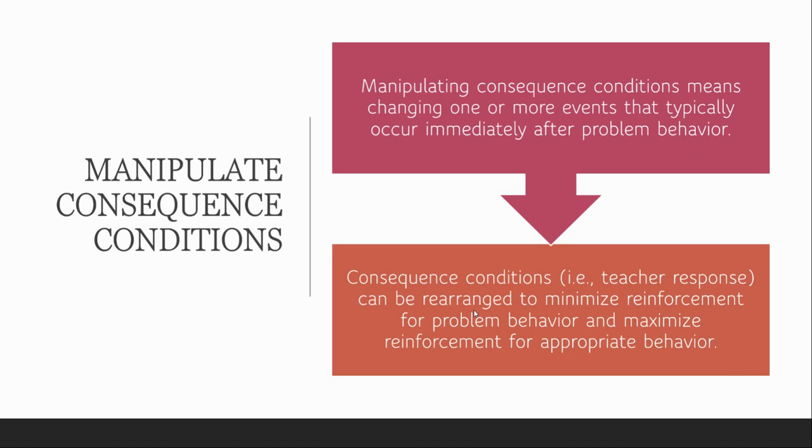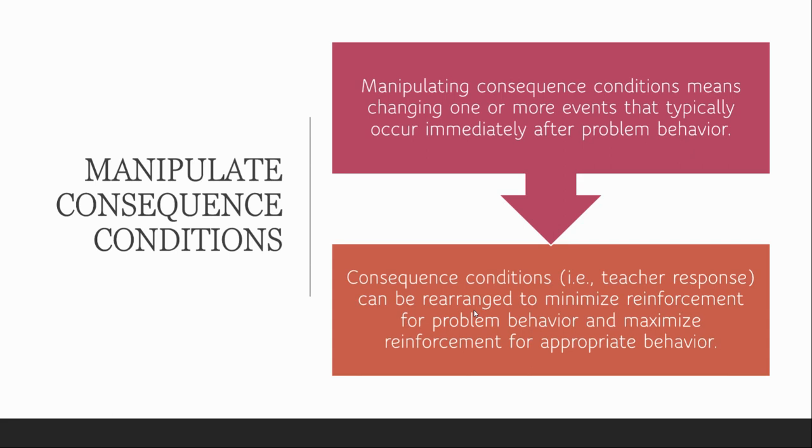And it's very important that teachers are trained in those effective classroom practices so that they understand how to respond to behavioral errors and how to encourage appropriate behavior. So, consequence conditions can be arranged to minimize reinforcement for problem behavior and maximize reinforcement for appropriate behavior.